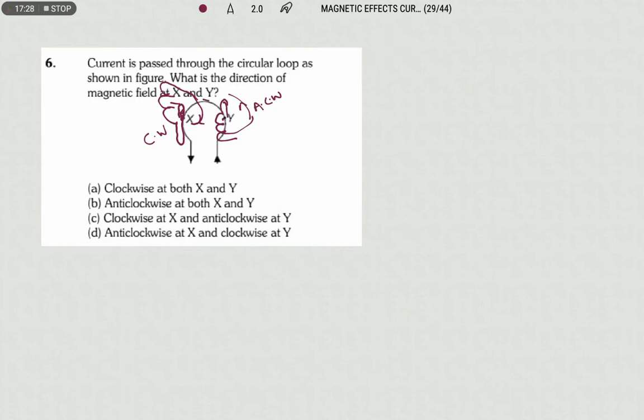At this point the direction of the current is downwards, and we curl the fingers in this way, so this direction will be clockwise. At point y the thumb will be in the upward direction because the current is flowing upward. The curled fingers represent the direction of the magnetic field. So at x clockwise, at y anti-clockwise. So our option will be C.